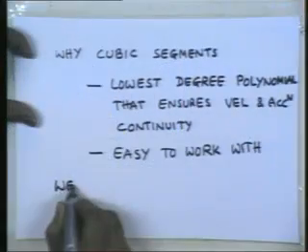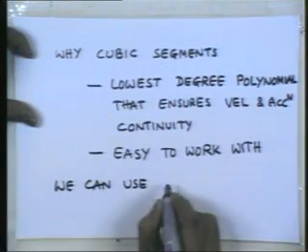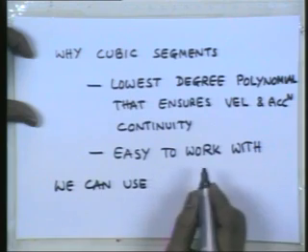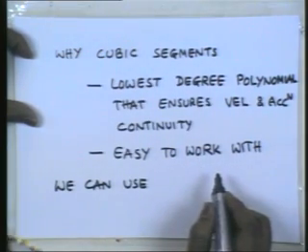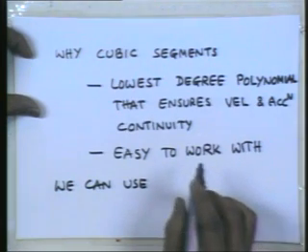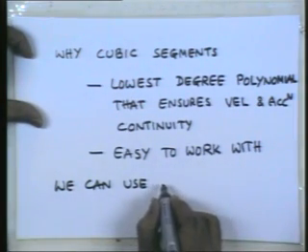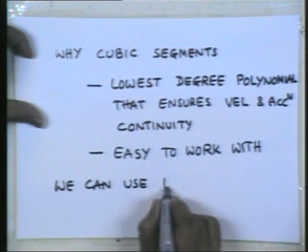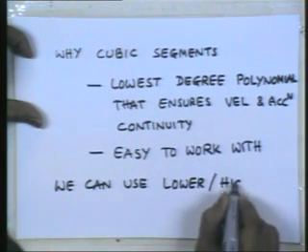We can use a higher order polynomial if we need to. In fact, we can use even lower or higher order polynomials. So I will discuss both these aspects so that you don't have fixation only on the cubic curve fits. So we can use even lower or higher polynomials.